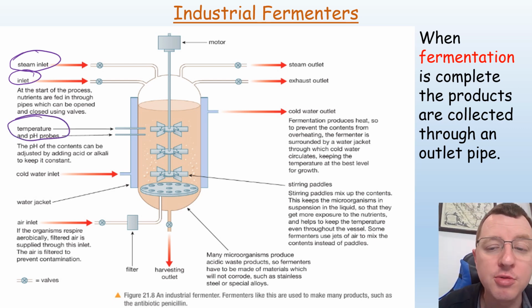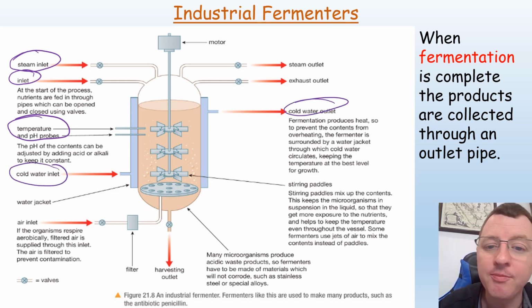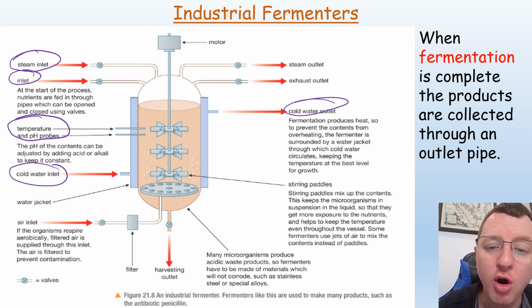Now the temperature probe will be monitoring the temperature, and it will be working with the cold water inlets here and the cold water outlets. Fermentation produces heat, so to prevent the contents from overheating, the fermenter is surrounded by a water jacket through which cold water circulates, keeping the temperature at the optimum level for growth.